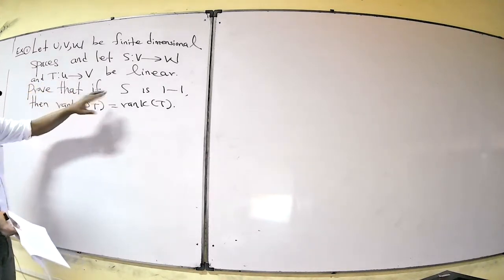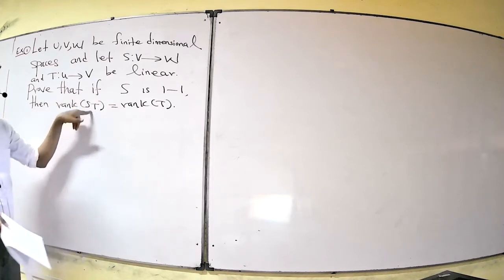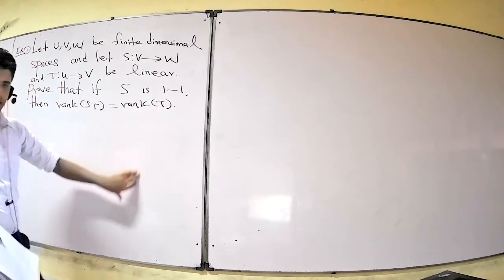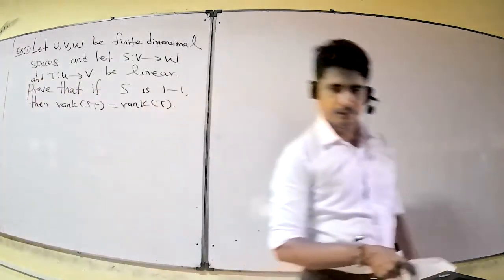Prove that if S is 1 to 1, then rank of ST is equal to rank of T.